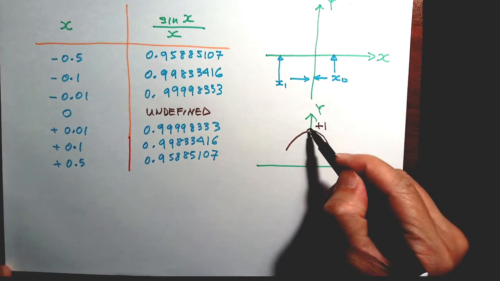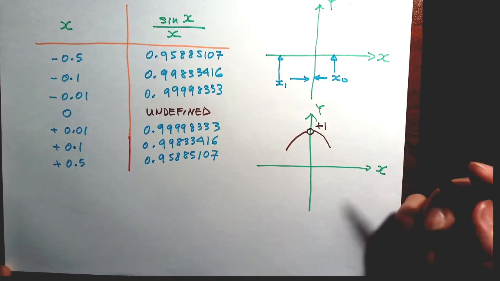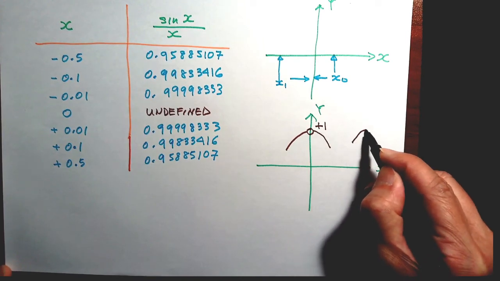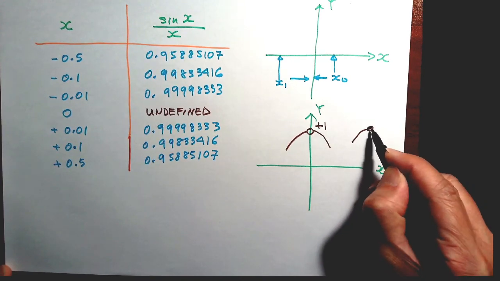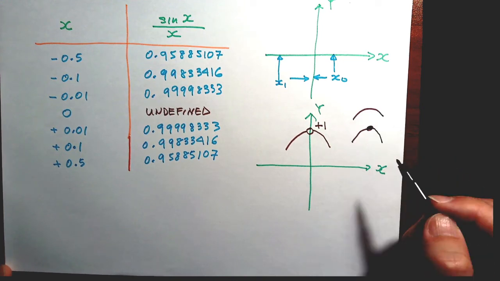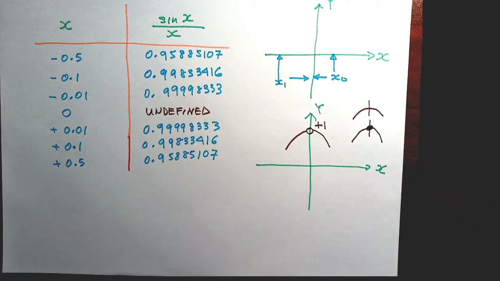And I denote that by a circle with nothing inside it. If I want to say that it actually touches 1, I can say this with a filled in circle, or just write this. It would be the same.